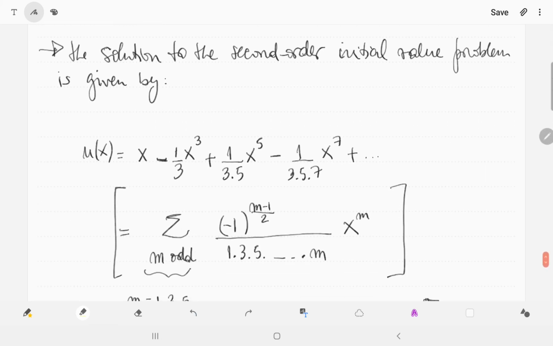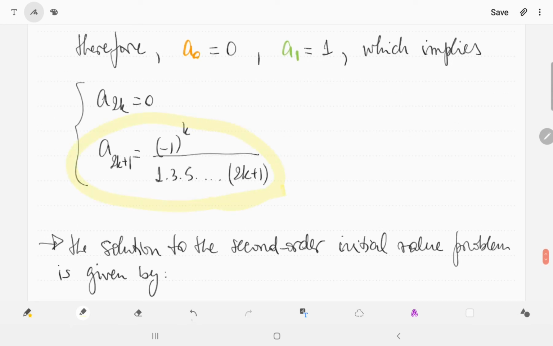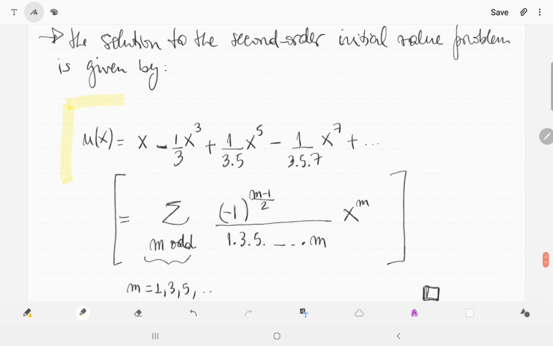And then we have those x to the power 1 minus 1 over 3 x to the power 3 plus 1 over 3 times 5 x to the power 5, and so on, which follows this rule here. And we have this expression, and this is the solution of our problem.